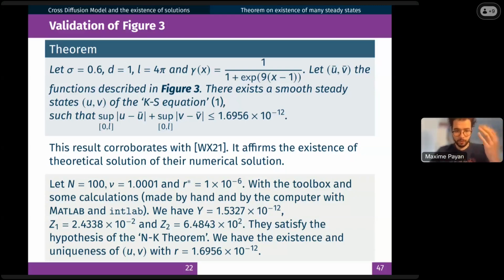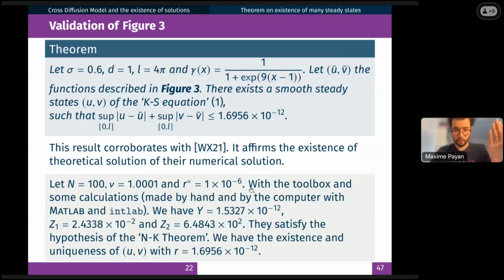To make the proof, I take a number of Fourier coefficients, 100. I take the Banach space. I want to compute the bounds, and I take a standard radius.